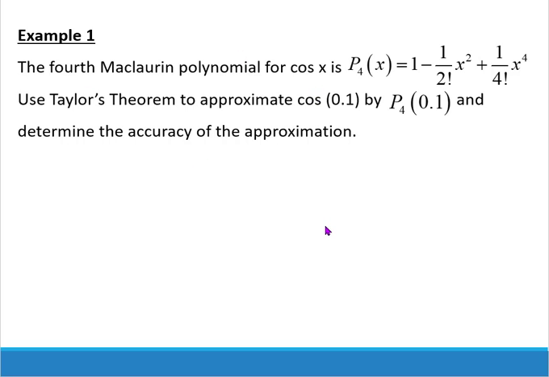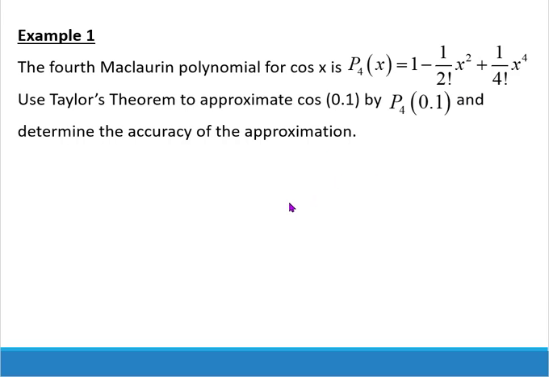So our fourth degree Maclaurin polynomial for cosine is given by that function. Again, this is something you want to memorize. Technically, in this section, our book hasn't taught that to you yet, but keep that in mind, this is something that you want to have memorized.